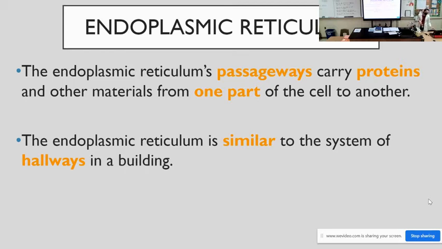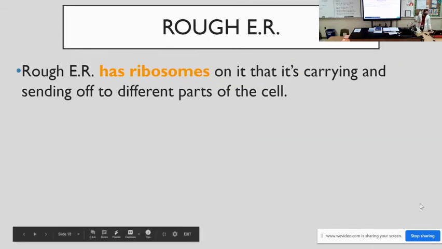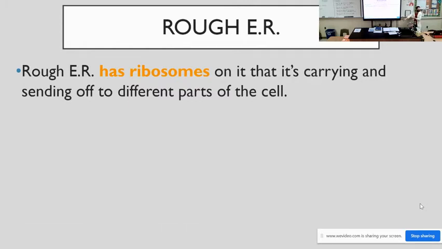And there are different types of endoplasmic reticulum. So the first type is rough ER, or rough endoplasmic reticulum. And this is just the ER that has ribosomes on it. So it's the ER that is actually carrying something and moving it from one place to another.